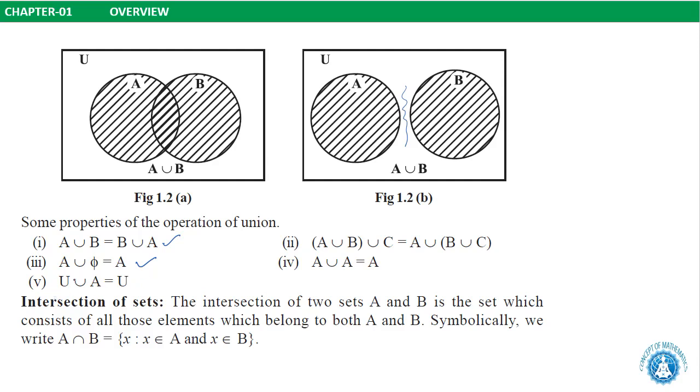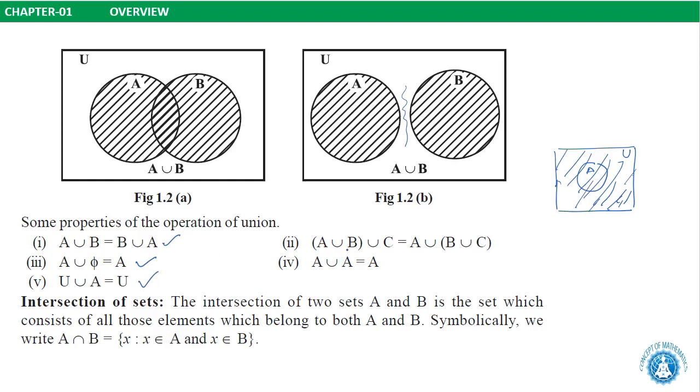The union of universal set and a given set A is equal to U. This can be understood as, suppose this is universal set and this is set A, then union of A and U will be the whole thing.